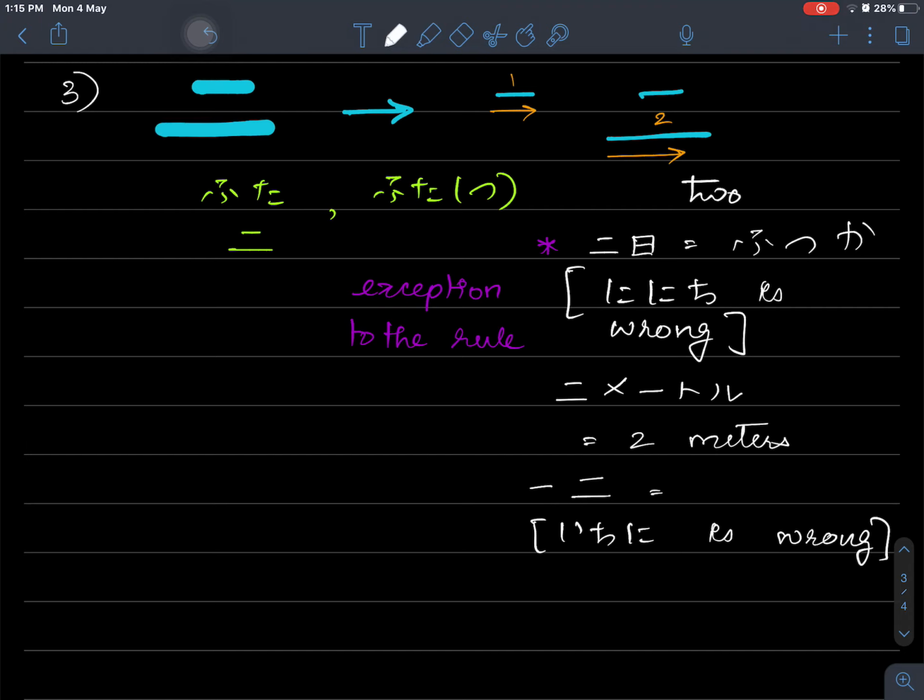You will not be using the onyomi readings. Ichi ni is wrong. It is to be read as hito... I apologize. Hitotsu. Futatsu, which means 1 or 2 of whatever it is that we are talking about.